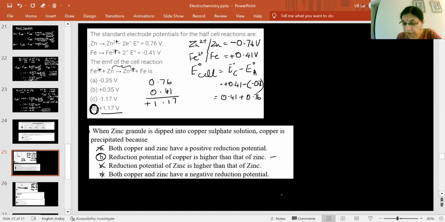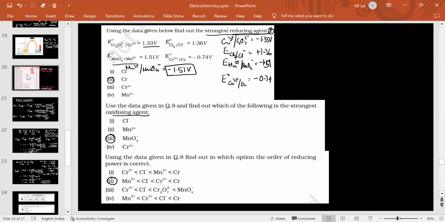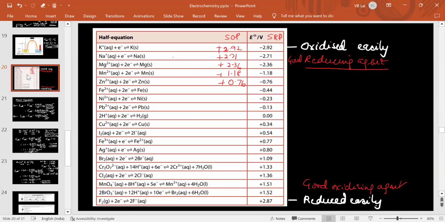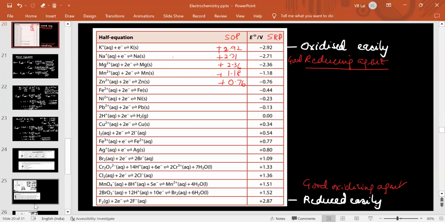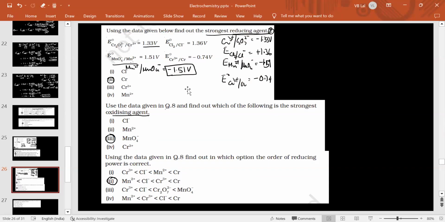So we have to find out the strongest reducing agent. The strongest reducing agent should be the one which has the lowest reduction potential, right? So let us see which has the lowest reduction potential. Maybe I made a mistake in this one.